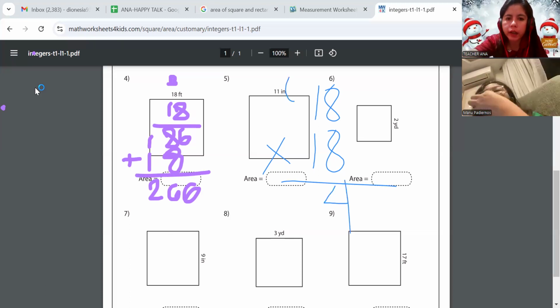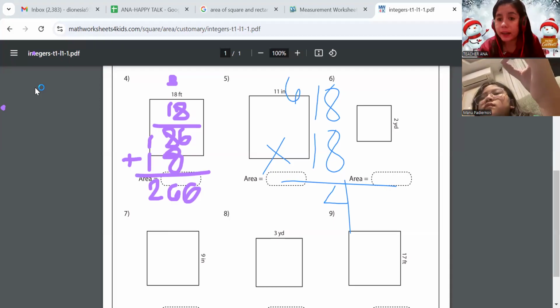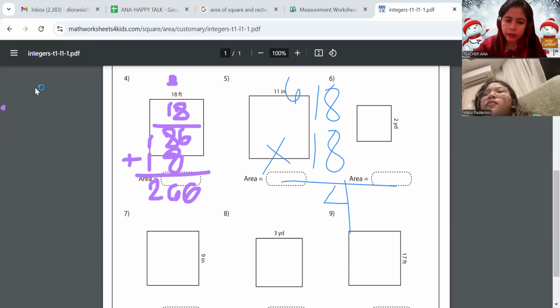Bring down 4. Carry 6. 8 times 1 is 8. Plus 6. 8 plus 6, Mano.